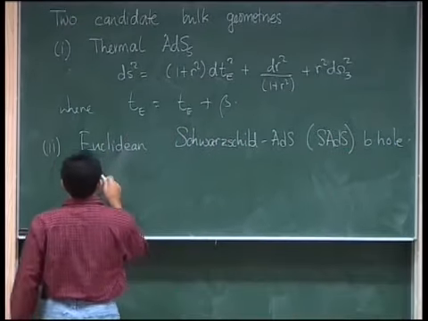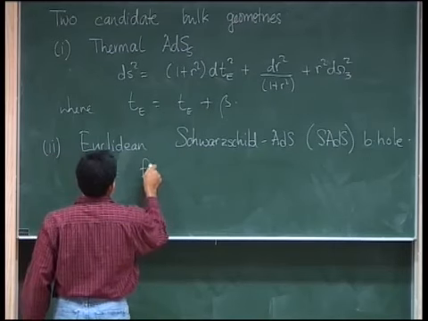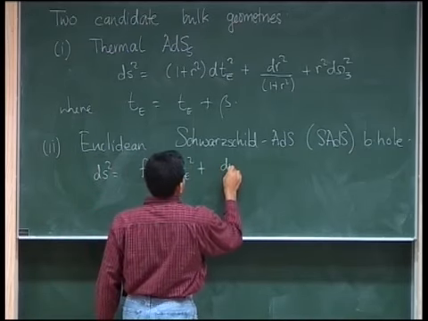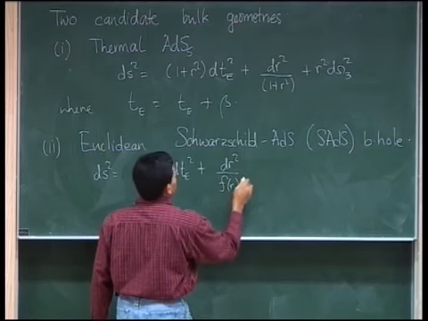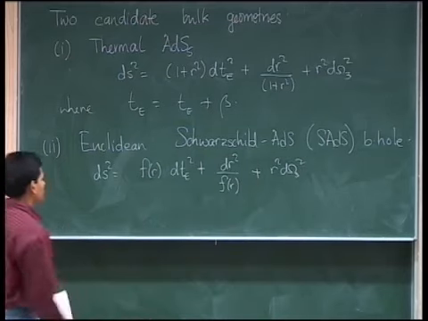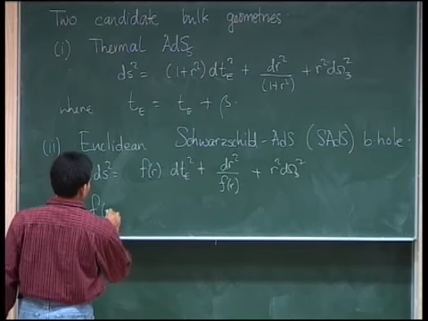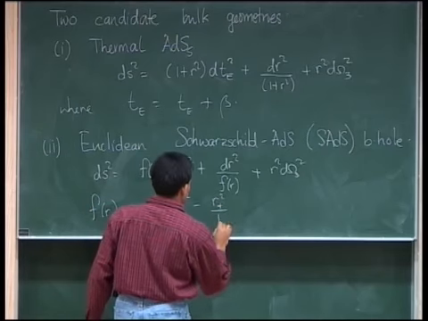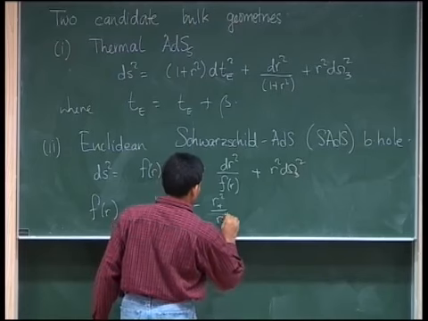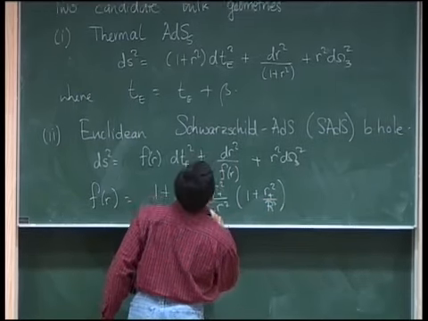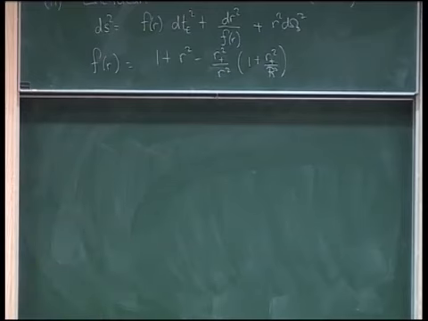And again, let me tell you what it looks like. It's easy to write down a metric in the same coordinates that I have above. r is the radial coordinate and t_E is Euclidean time, where this function f is given as follows. Okay?